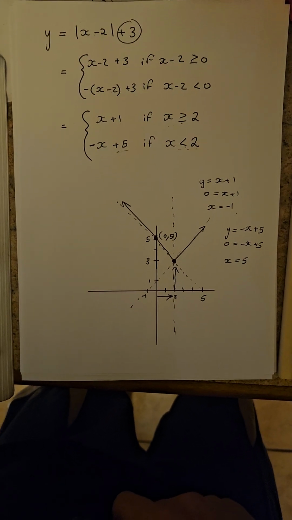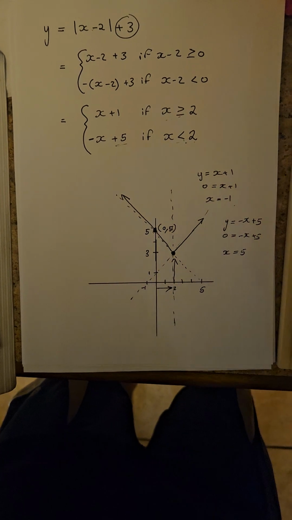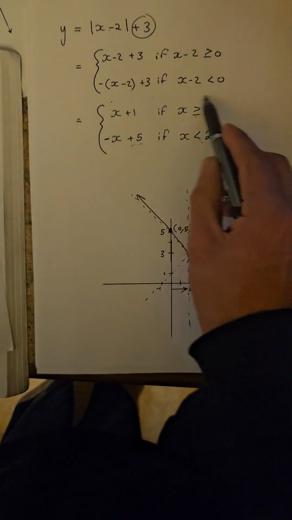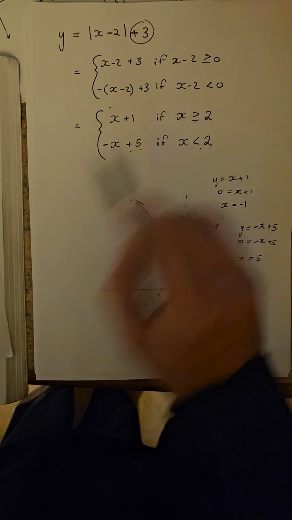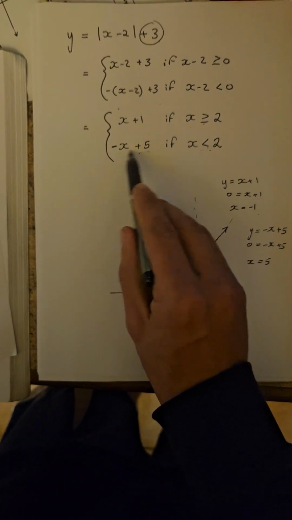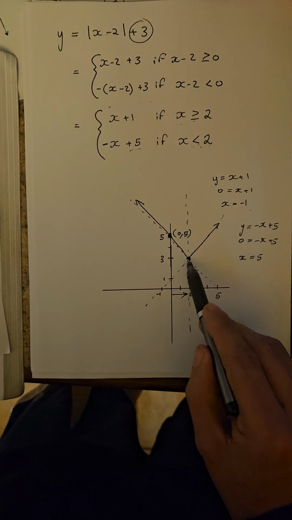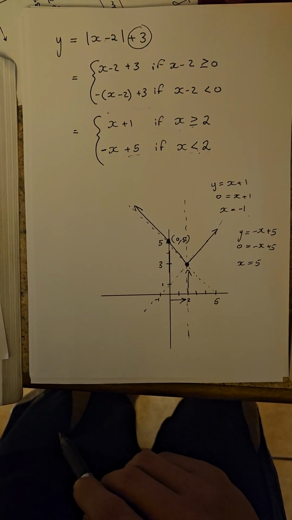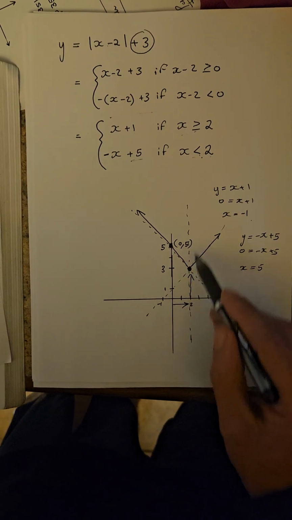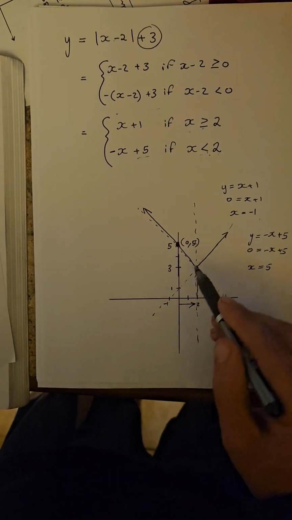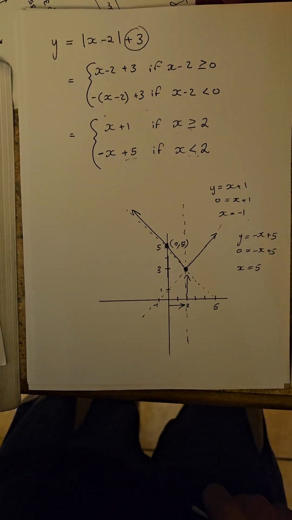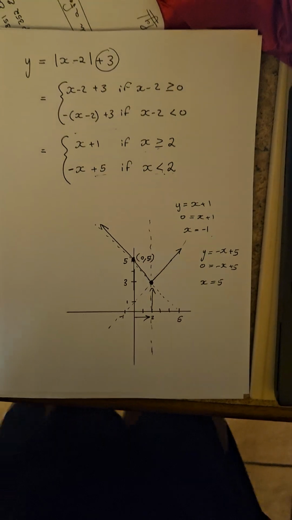Hopefully this makes sense as an example. Any way you want to draw this line, as long as you only draw it to the right of 2, and this line, as long as you only draw it to the left of 2, they will always meet at the point 2, and we can have a solid dot because one of them is included, and just draw our V shape. That is how an absolute value graph would look.